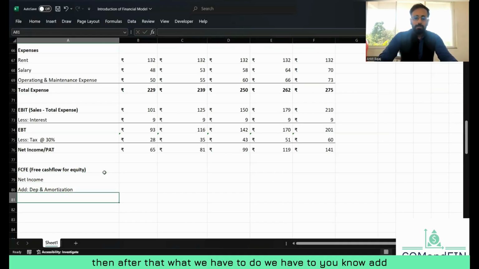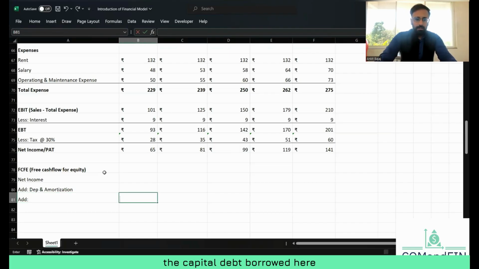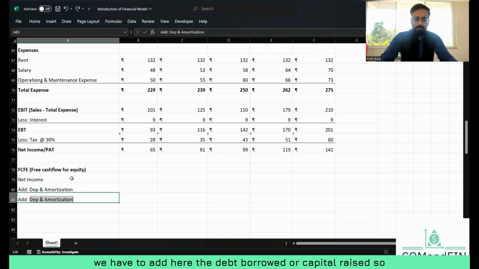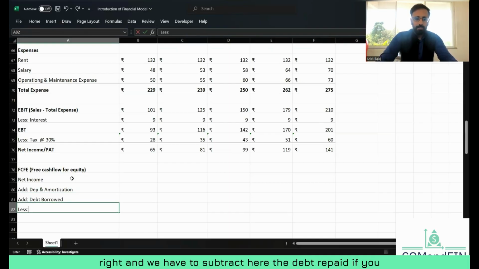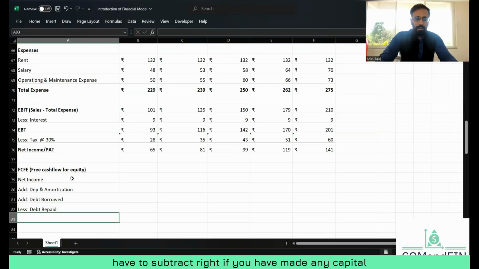Then after that, we have to add the debt borrowed or capital raised. So here I will write down debt borrowed, right? And we have to subtract the debt repaid, if you have paid any debt. If you have made any capital expenditure, we have to provide the adjustment for capital expenditure here.